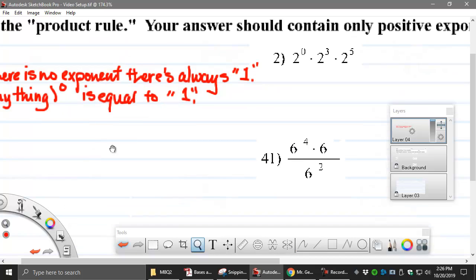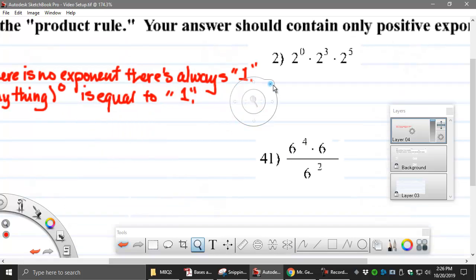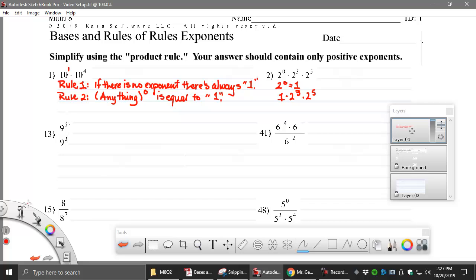Anything raised to the 0 power is 1. So 2 to the 0 power is really 1. You can test it with your calculator. If I take 1 times 2 to the 3rd times 2 to the 5th, that's what that problem really is. So you can kind of ignore that 2 to the 0 power because it just goes to 1.